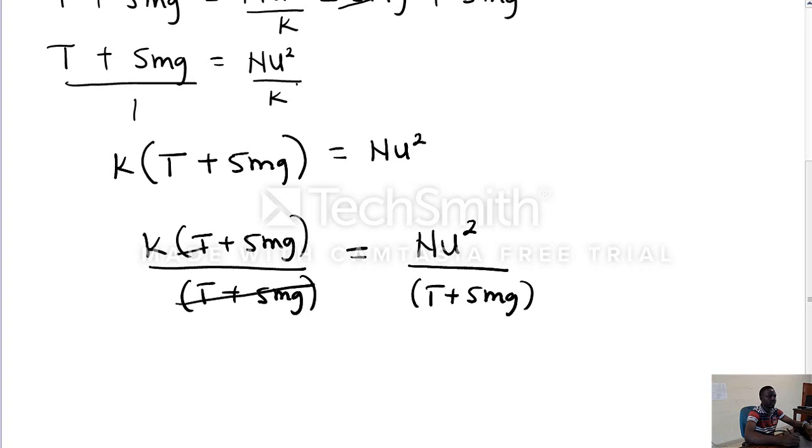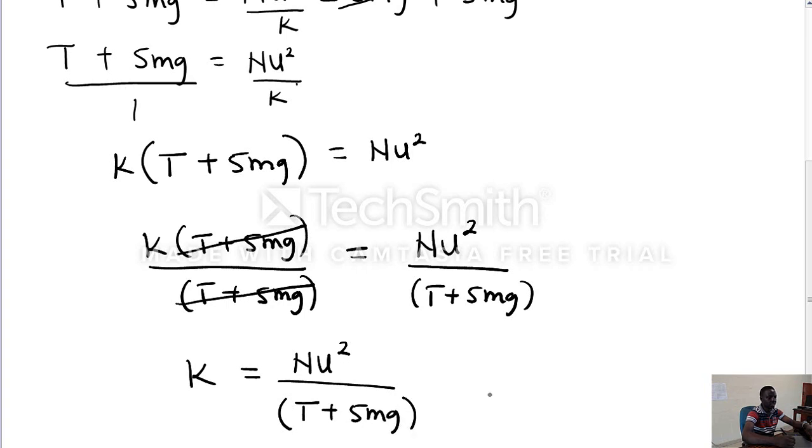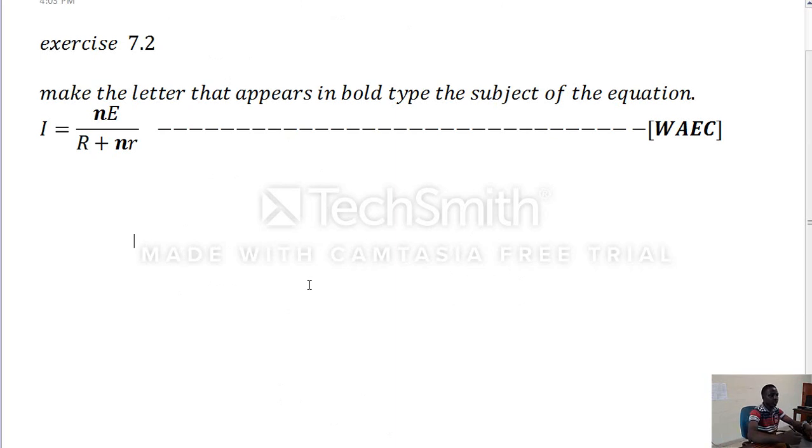This will get rid of this, leaving our equation to be k is equal to n u squared divided by t plus 5 mg as our equation.